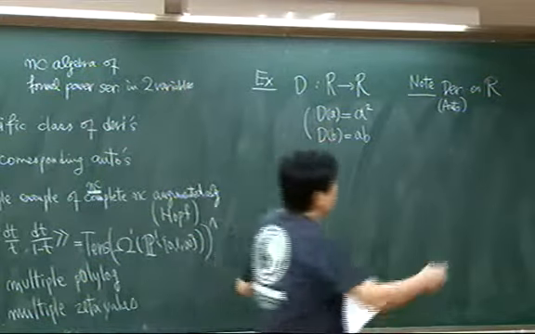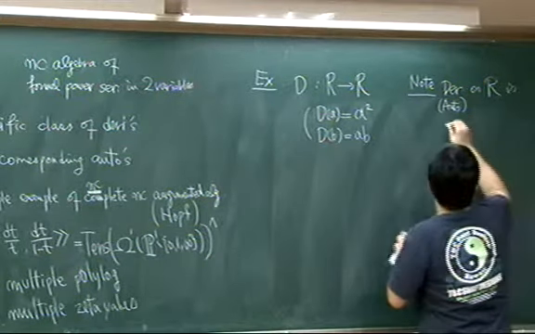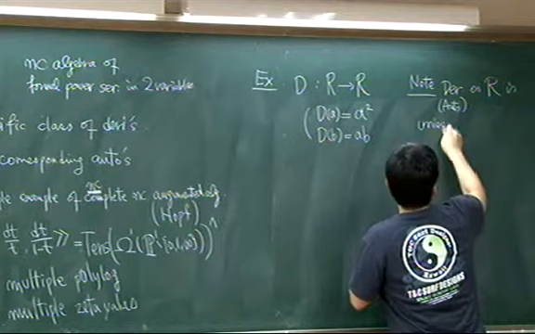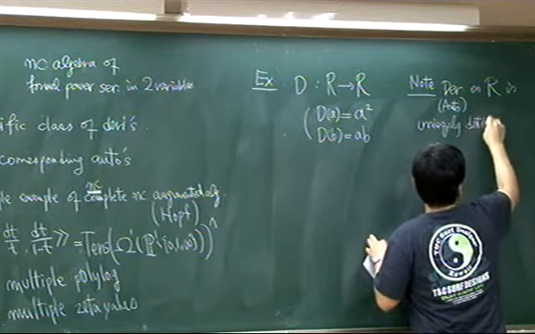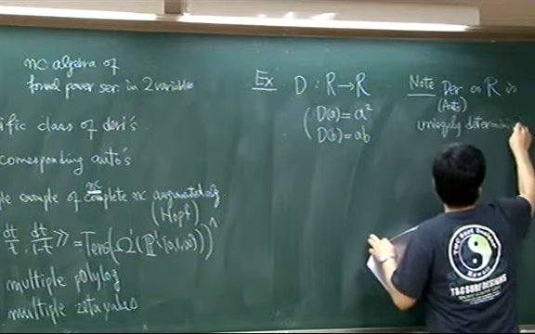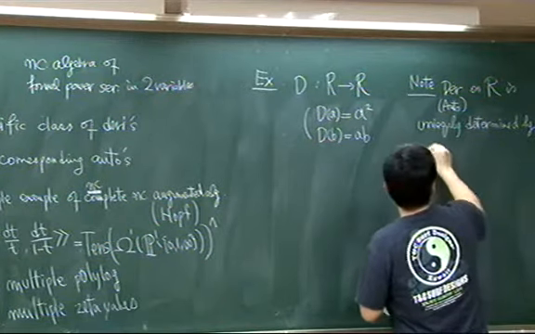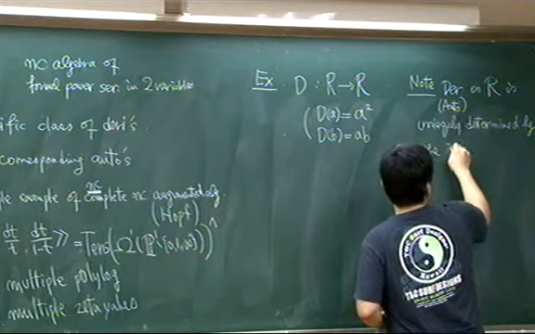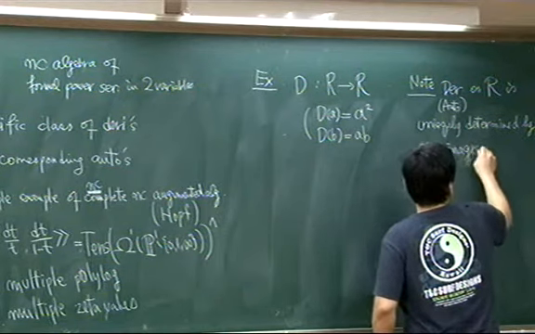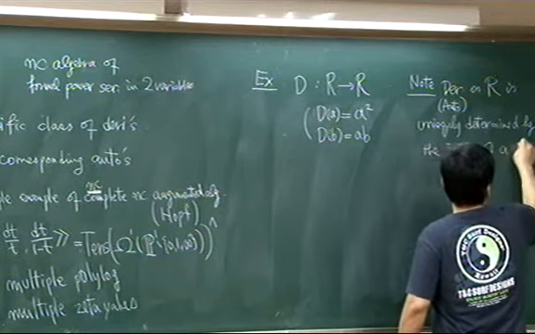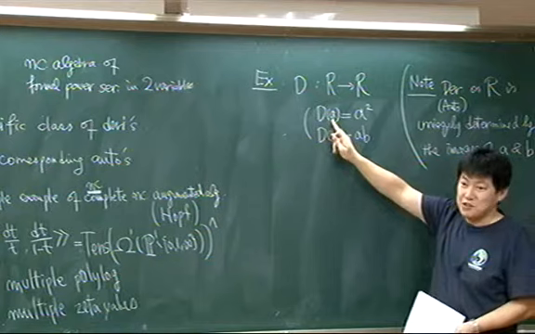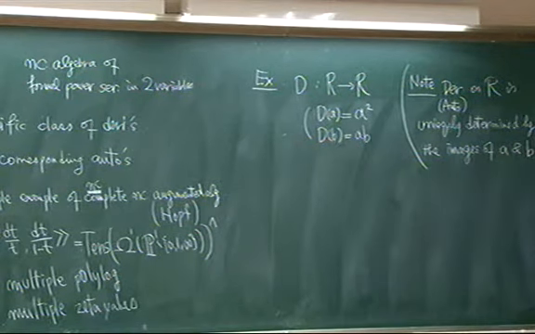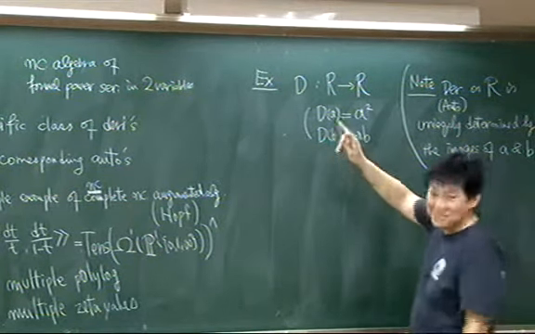So a derivation on R is uniquely determined by the images of the generators A and B. Then this is the exercise.